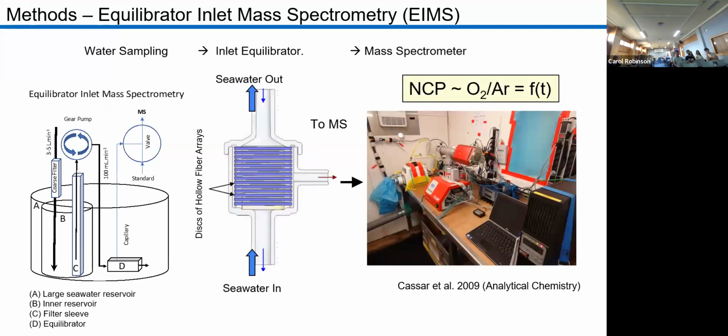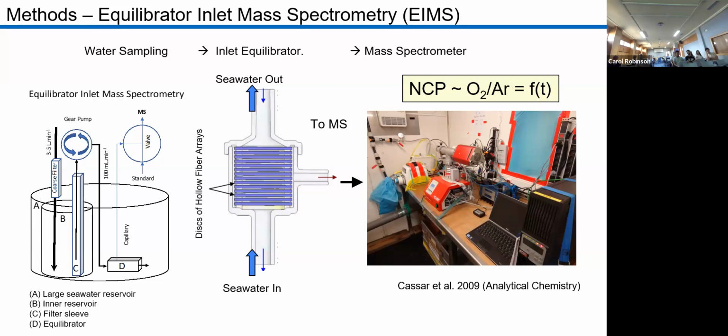The way it works is a methodology developed by Nicolas Cassar at the University of North Carolina, using the IMS method, which is an incubator inlet mass spectrometer. Basically, you collect water from the underway on the ship.